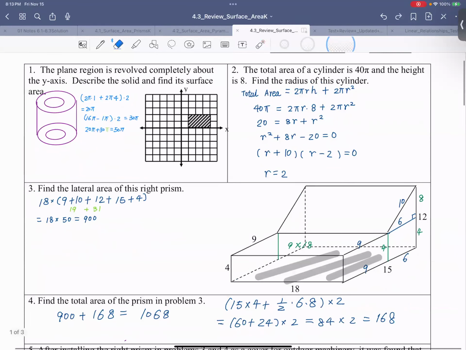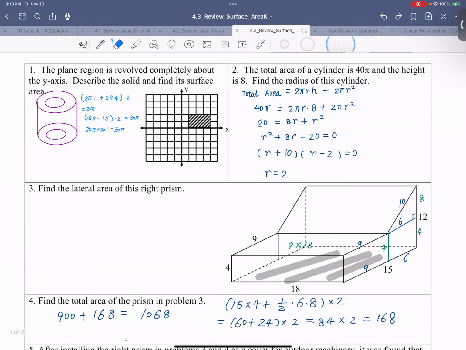Number 3. Thank you, Chloe. Very nice. Number 3, this one is asking you for the lateral surface area. Chloe, unmute yourself. Let's see.